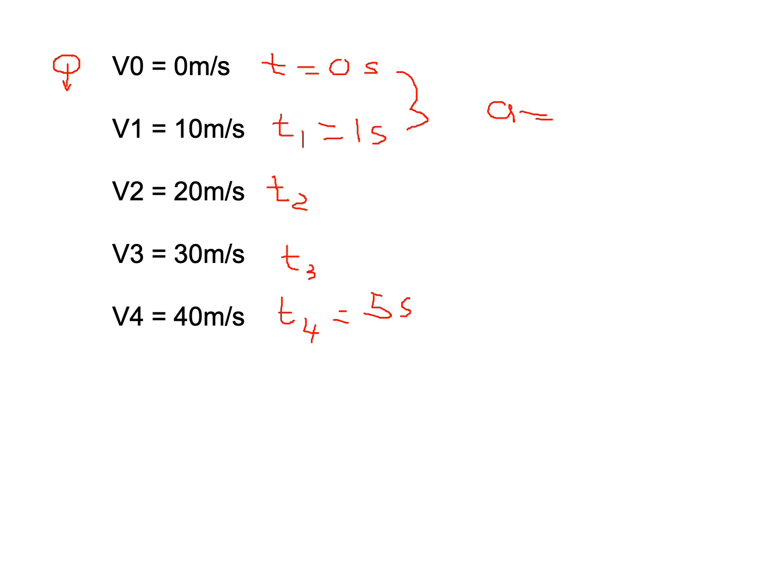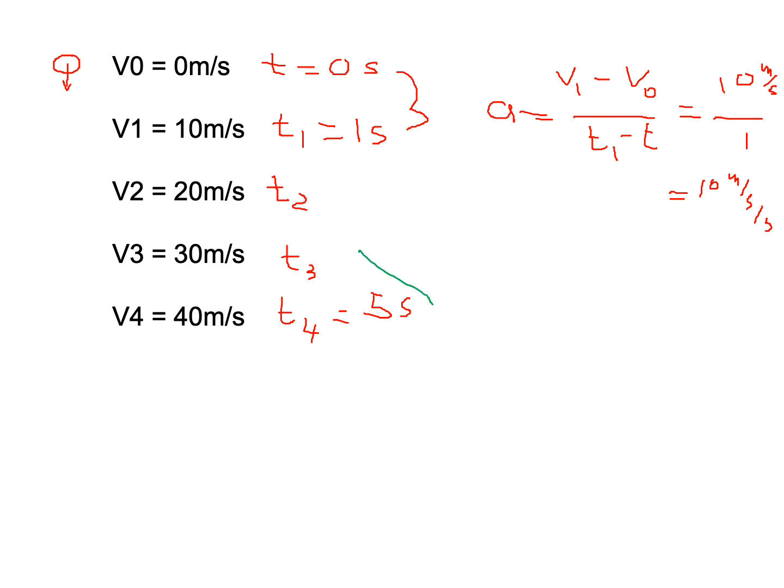If you consider these two, acceleration is v1 minus v0 divided by t1 minus t0, which is 10 meters per second divided by 1 second, or 10 meters per second squared.